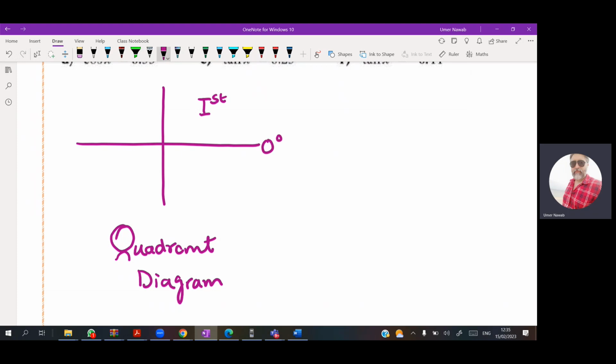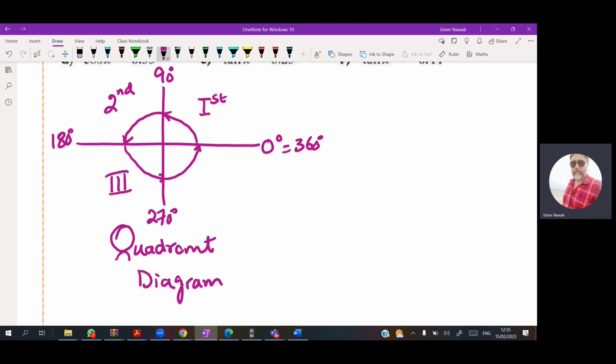It ranges from 0 degrees to 90 degrees anti-clockwise when you move, and from 90 to 180 degrees anti-clockwise. Then from 180 to 270 degrees, it's a third quadrant. This was the second quadrant. And now if you move from 270 and come back to 0 degrees after making one rotation, I can say that I have covered 360 degrees. So this is called the fourth quadrant, right?